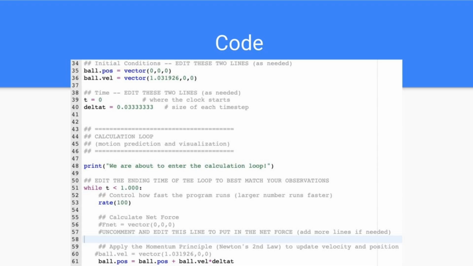We just put the average velocity in the code, because that's about as accurate as you can get from an experiment. The delta t was 1 frame, which is 0.033 seconds, because that's how often it measured the position. To find the position of the ball, we take the initial position and add the velocity times delta t, which is the position update formula.